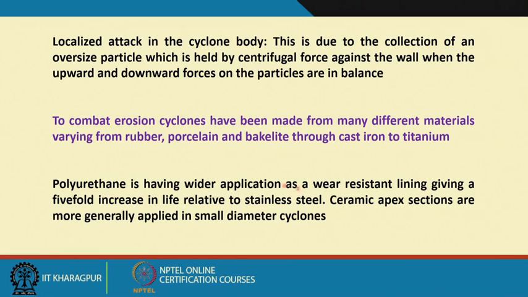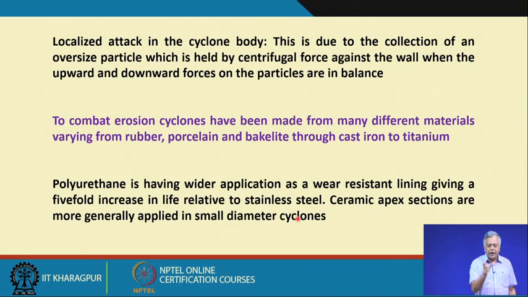Ceramic apex sections are more generally applied in small diameter cyclones. See, ceramic is basically an abrasion resistant material, and you are using it for small diameter cyclones. You are using a ceramic material only for the apex, because it will cost you much, because the machining and giving that shape will cost you much.